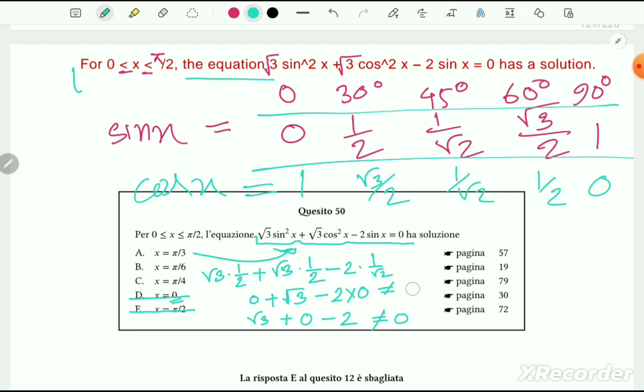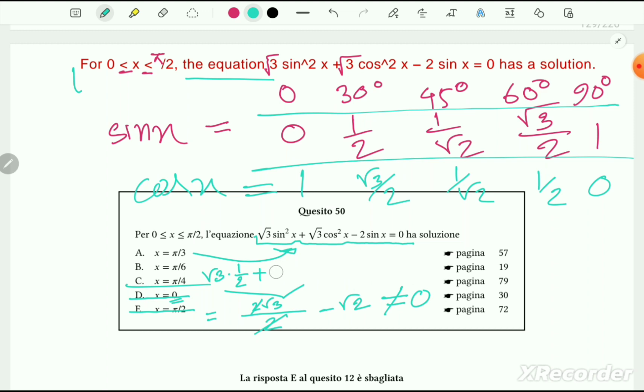So let's calculate these two terms. If we sum, then we get 2 root 3, then we can cancel out 2, and negative root 2. So it's actually not giving us 0. Therefore option C is also not possible.